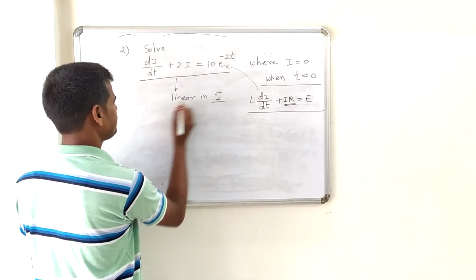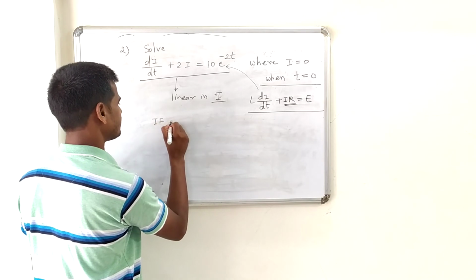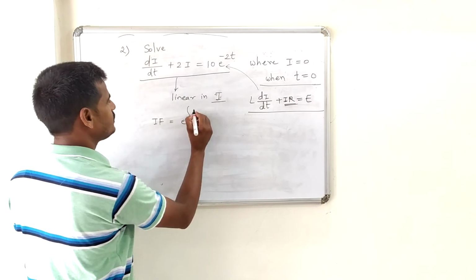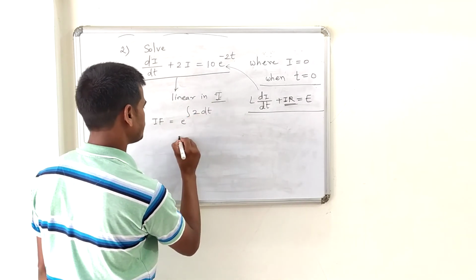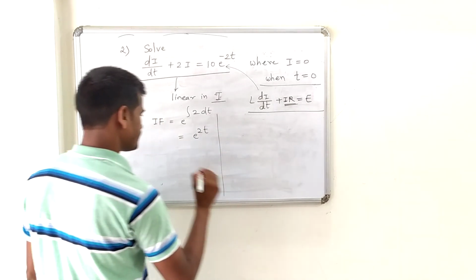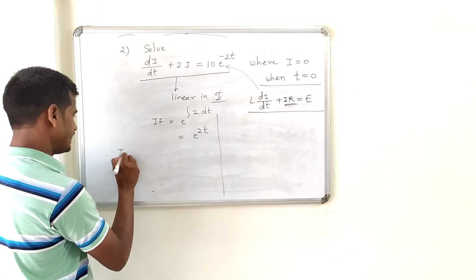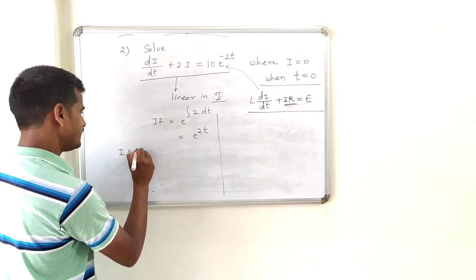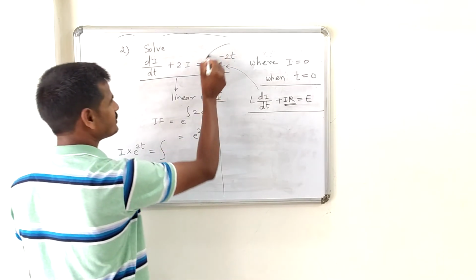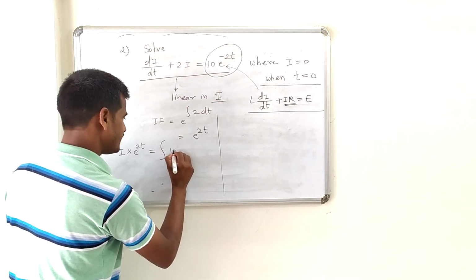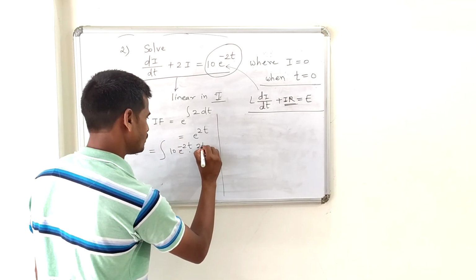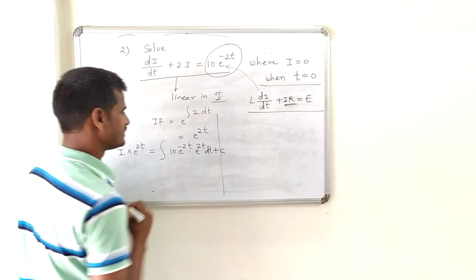Get the integrating factor: IF is e to the power integral of P(t) dt, where P(t) is 2, so it is e^(2t). Now its solution is I times the integrating factor e^(2t) is equal to the integral of 10e^(-2t) times the integrating factor e^(2t) dt, plus c.